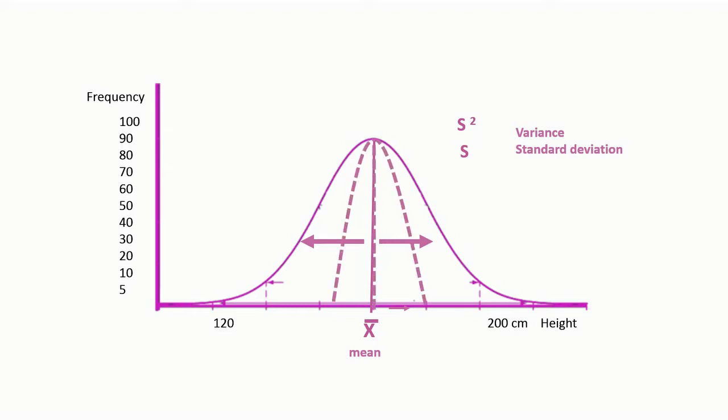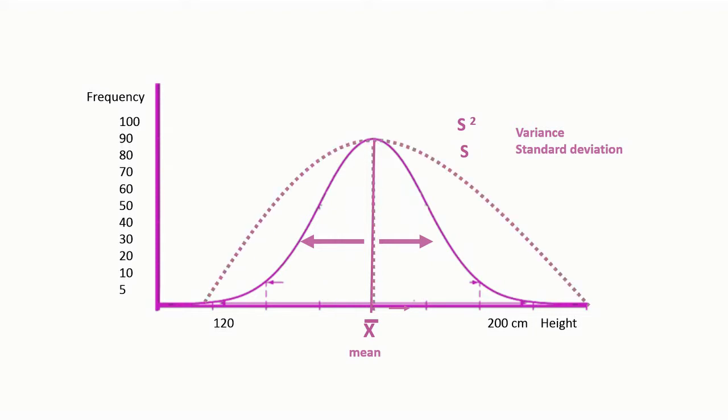In this new example, the group is close to the mean, and in this example the values of the group are away from the mean. So the variance or the standard deviation gives us information about how much the group is close or away from the mean, how much the group varies around the mean.